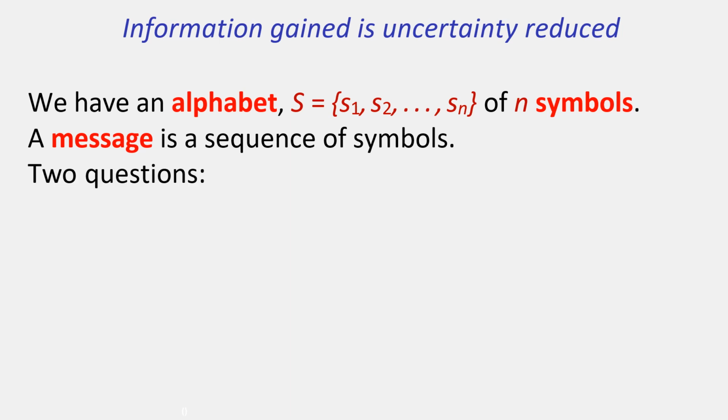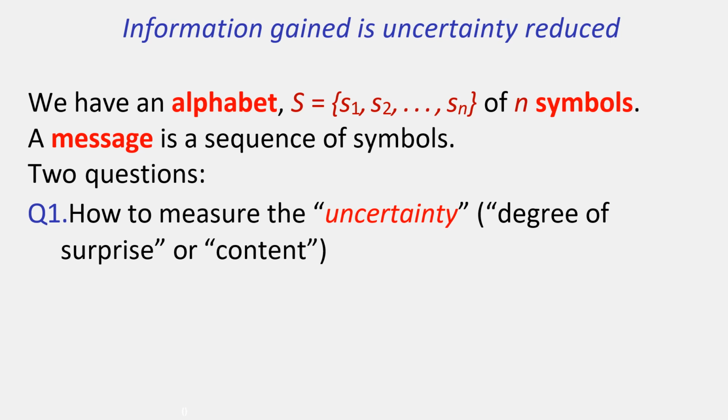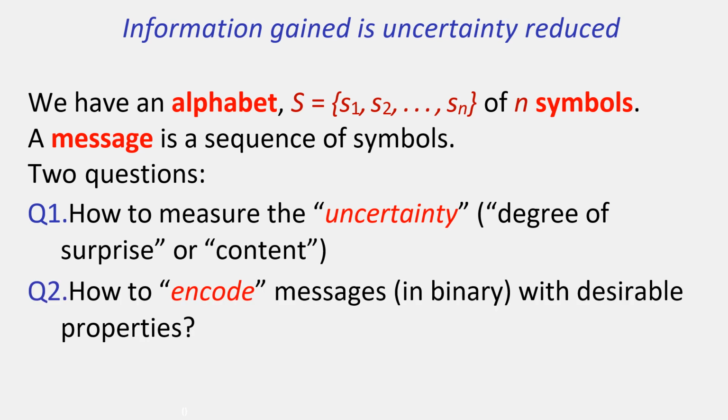So that gives rise to two questions. How do we measure the degree of uncertainty in seeing a particular symbol or seeing a stream of symbols? How do we encode symbols using binary so that we have desirable properties?